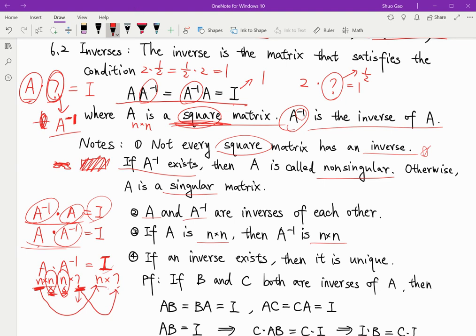So it has to be n by something, and it is a square matrix, so it has to be n by n. So the A inverse should also be n by n. The idea is that A is a square matrix, I is also a square matrix, and both of them have to be n by n. So we know that A inverse also has to be an n by n matrix.